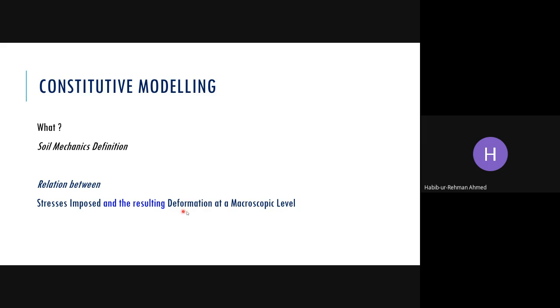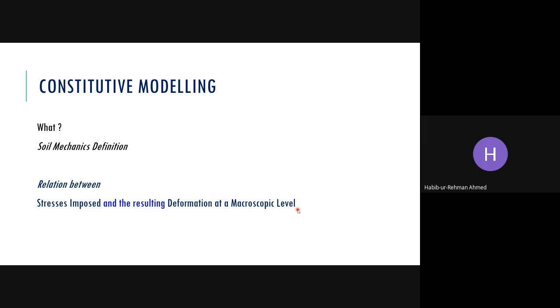So deformation is there. Okay. All the internal strains and the change in the dimensions or the shape of the material should be visible at that level. So the mathematical relationship that exists between these stresses and the deformation at the macroscopic level is known as a constitutive model in the field of soil mechanics.